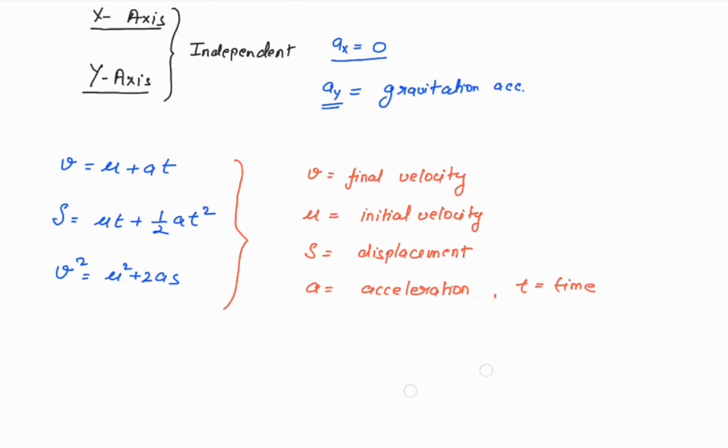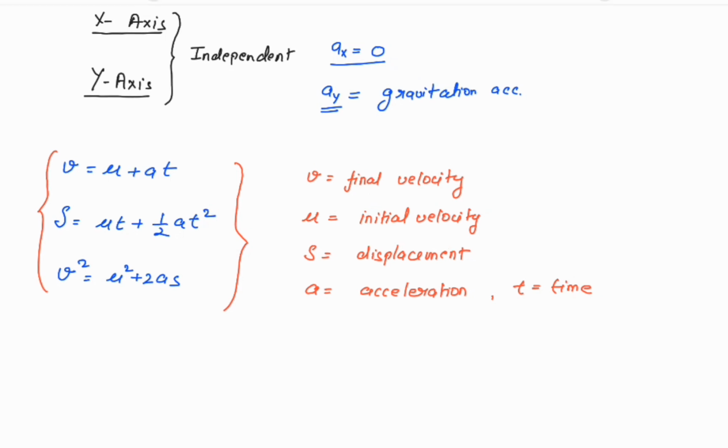Okay. Now I am going to modify these equations for the x-axis and for the y-axis. The equations that we get after modification, we will use for the x-axis and y-axis.